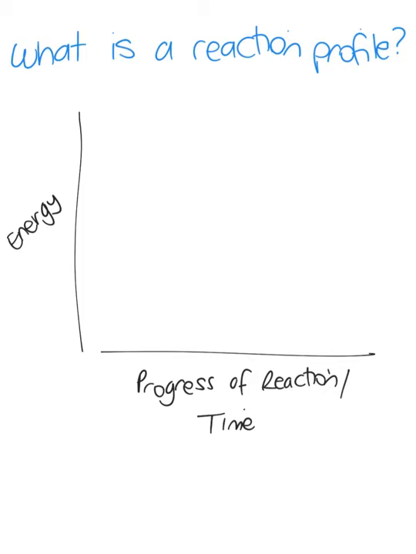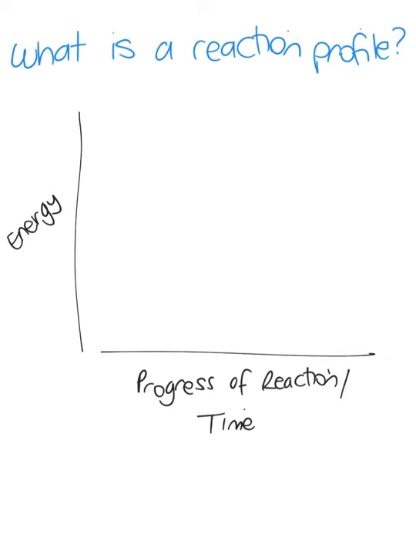The current GCSE specs refer to it as a reaction profile because the graph is detailing what happens to the energy within a reaction. Now, in a reaction profile, I'm just going to do a really basic diagram here, and then I'm going to talk about endo and exo separately.